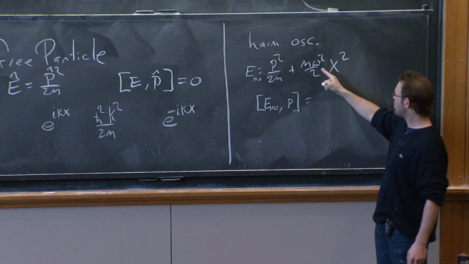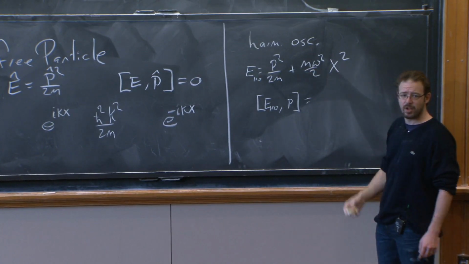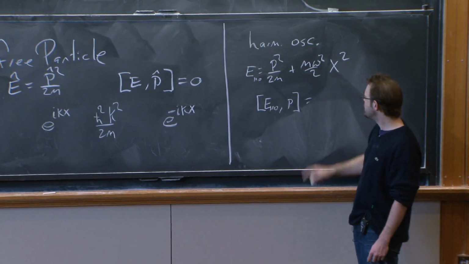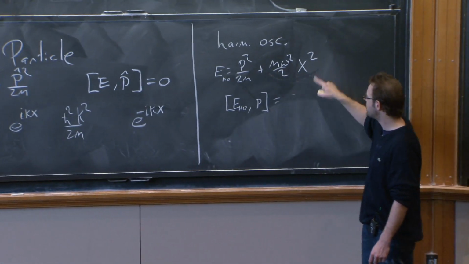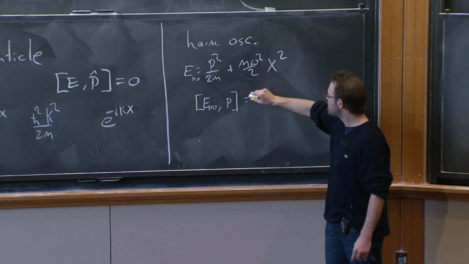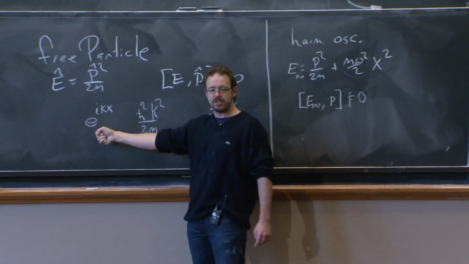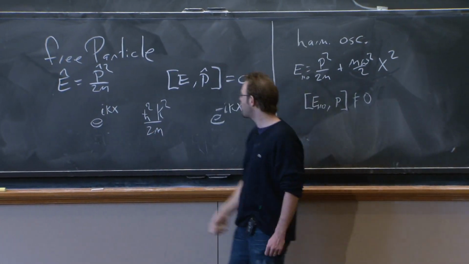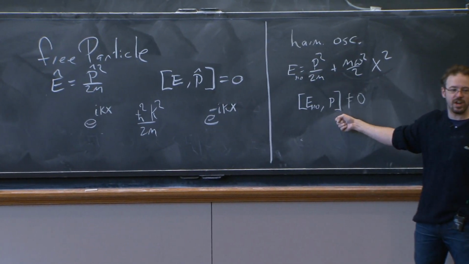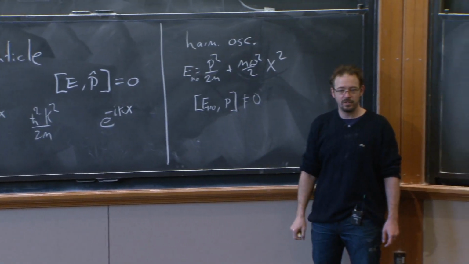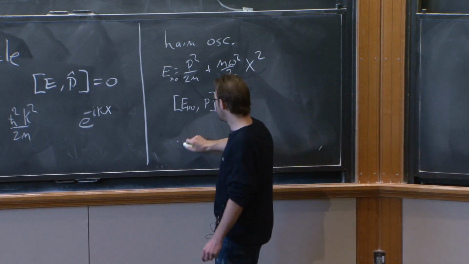No, you're going to get a term that's m omega squared x from the commutator. The potential is not translationally invariant. It does not commute with momentum. So this is not equal to 0. So that suggests that this degeneracy, two states having the same energy, should not be present. And indeed, are the states degenerate for the harmonic oscillator? No. Okay, no degeneracy.